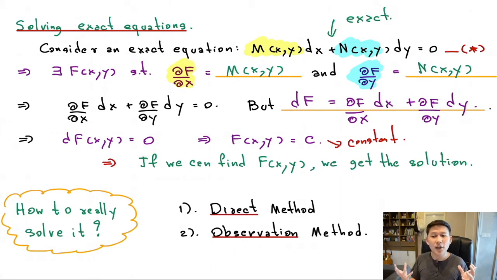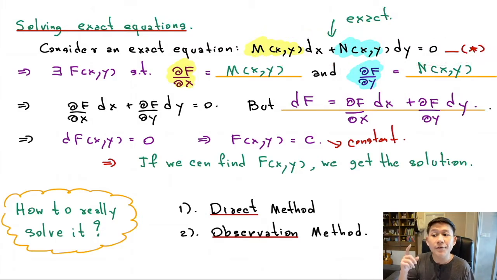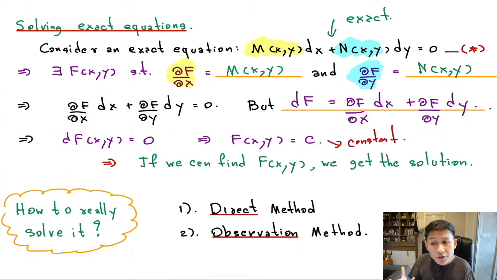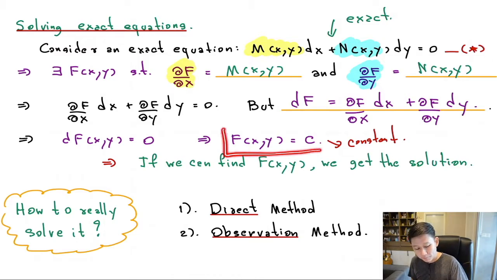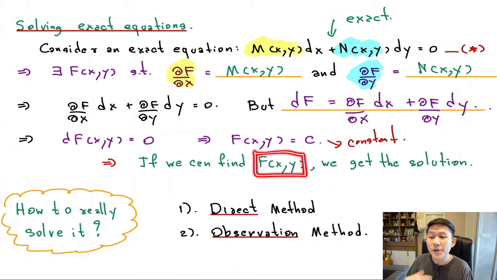So, just to sum it up, if the equation is exact, we can find an f such that df is 0, which means that f is actually the solution. So the solution is in this form. So what we need to do is that if we can find f, we can get the solution.